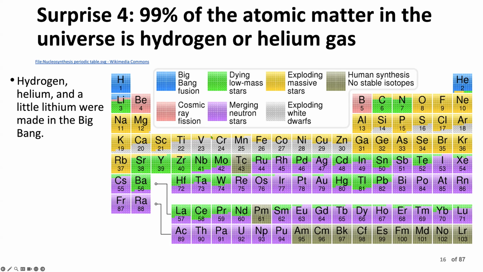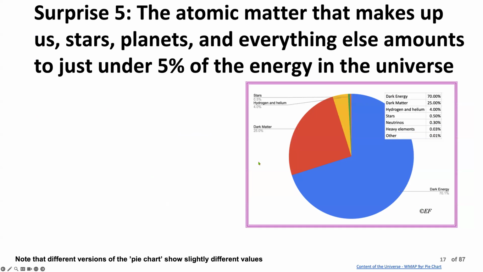And as I said, even if you take all of these elements put together, they only represent 5% of the energy in the universe. The rest of it is the mysterious dark energy that I've mentioned and dark matter, which we haven't talked about yet. Here's the pie chart of the different kinds of energy that exist in the universe.